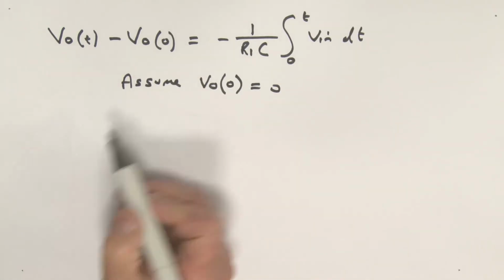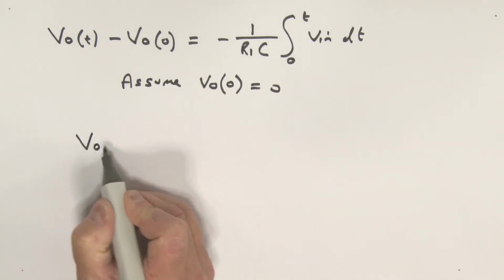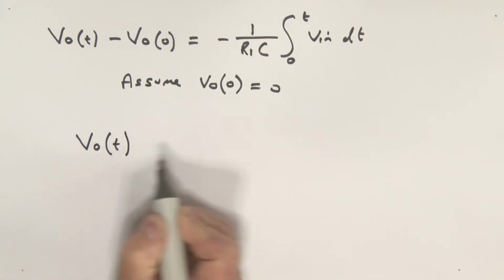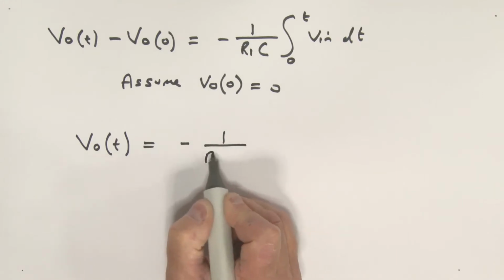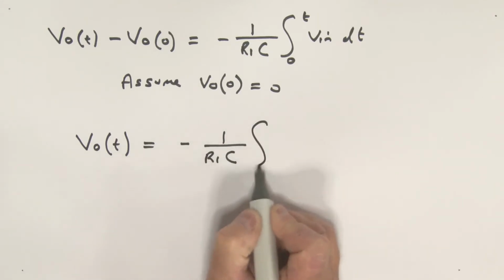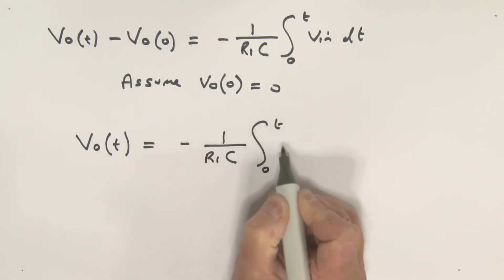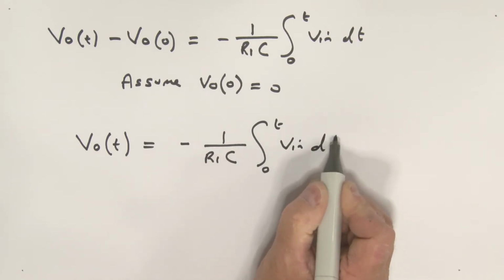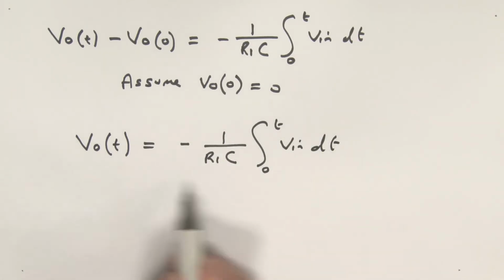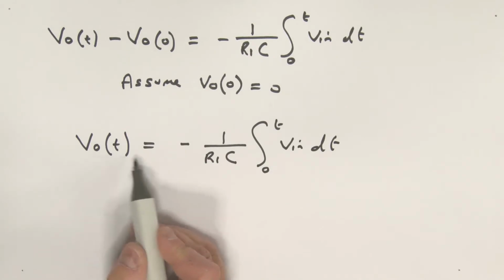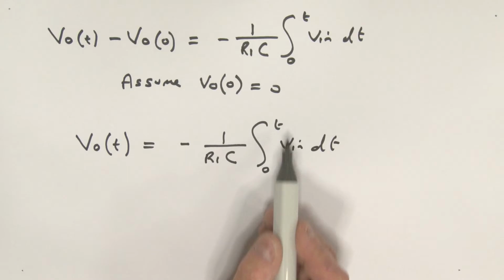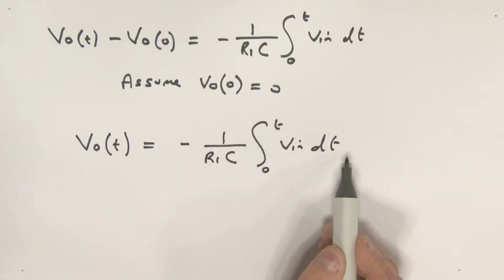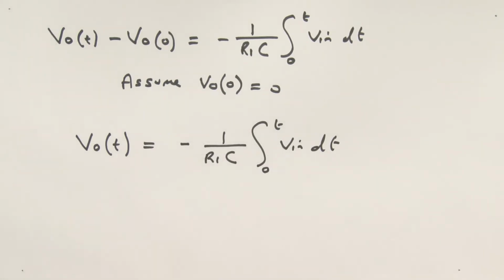So now we can rewrite this equation as VO as a function of time is equal to minus 1 over R1C, integral from 0 to t, Vin dt. And as you can see, basically the function Vout is really what? It's an integration, or it's the integral of the input voltage with a constant sitting in front of it.